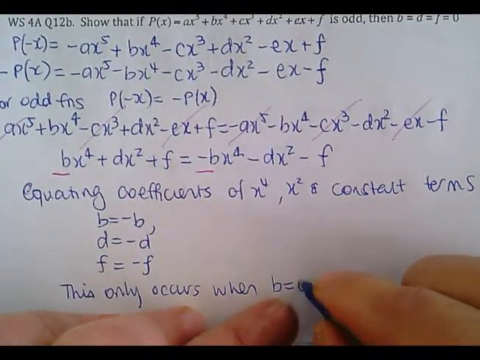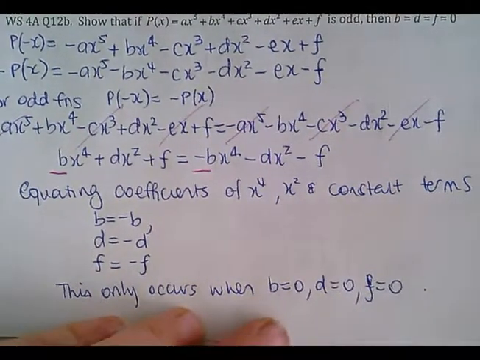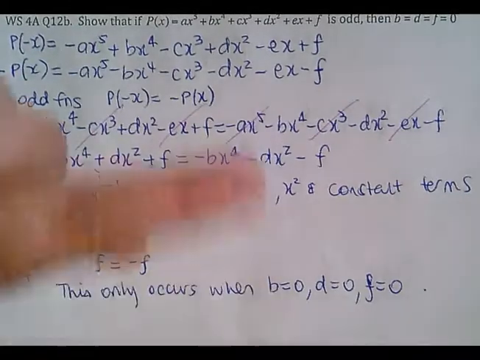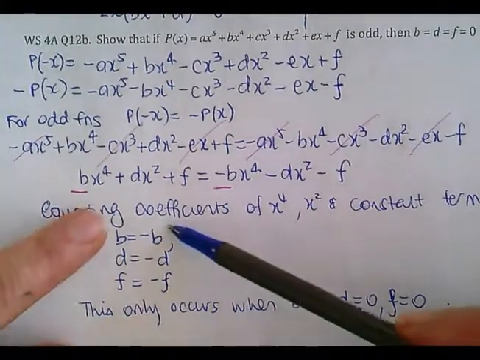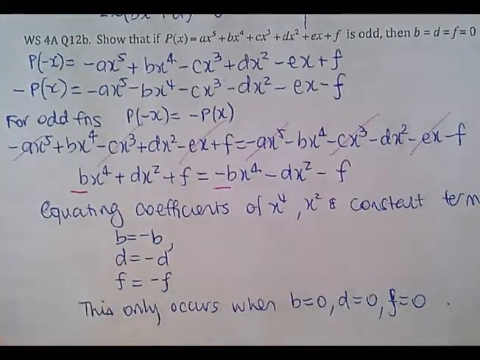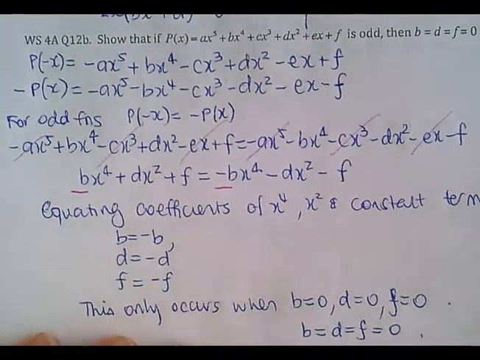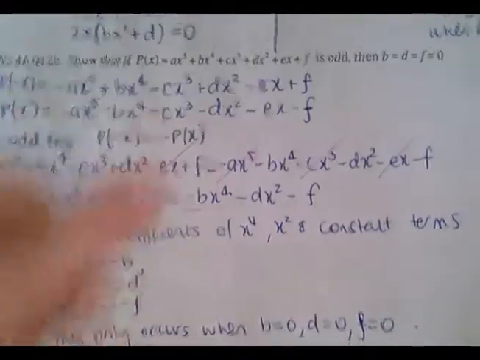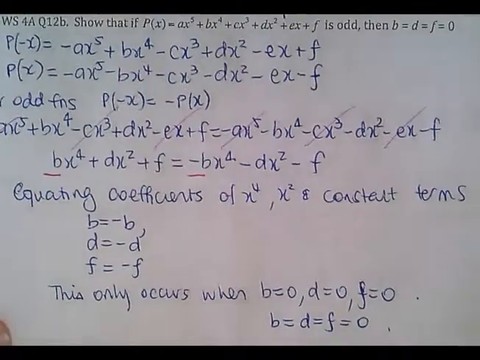B equals 0, D equals 0, F equals 0. In other words, B equals D equals F. So if you get a bit confused, we are looking at each one separately. The B is 0, the D has to be 0, the F is 0. That's why they write B equals D equals F equals 0. They're just all equal to the same thing. Okay? All right.